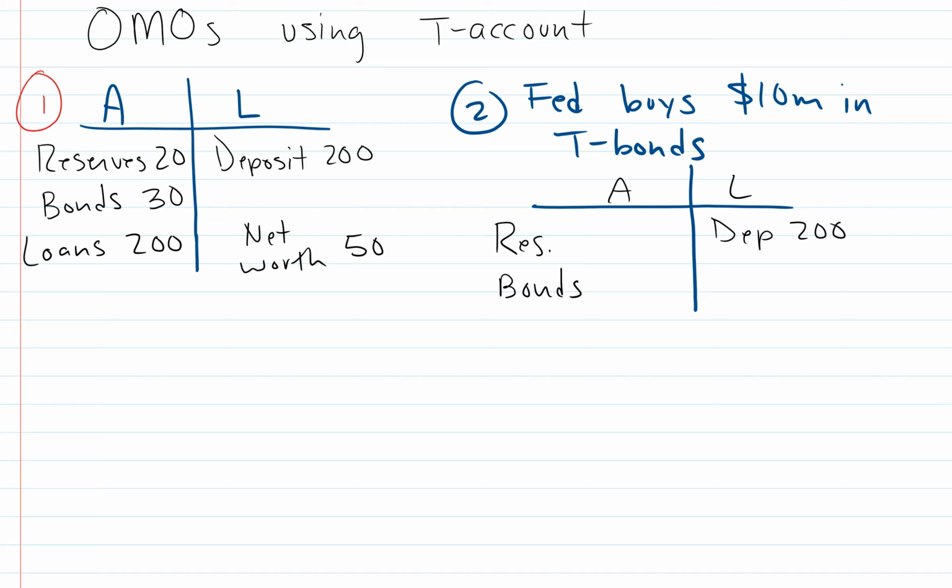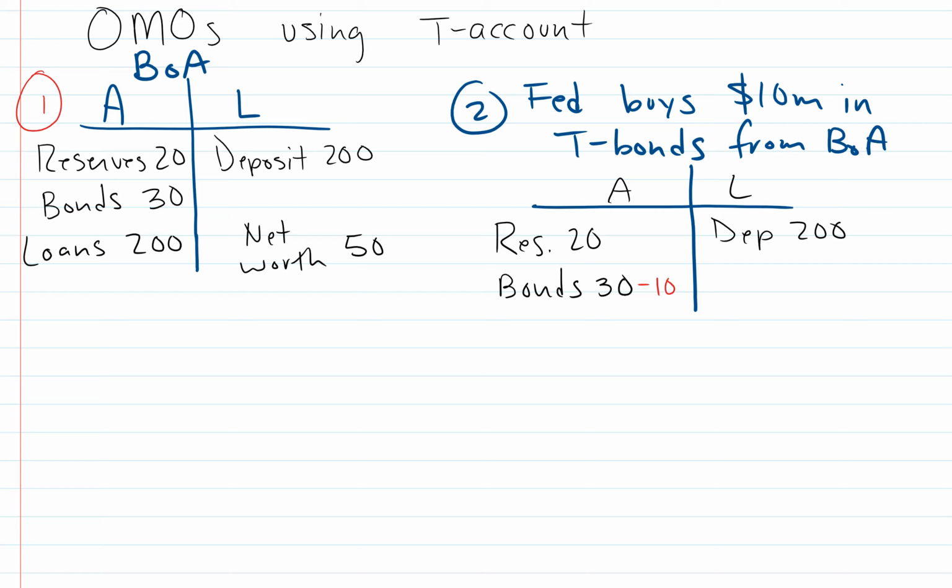Okay, so how do they change? Well, before reserves were 20 and bonds were 30, and now they're changing. They're changing because they sold their bonds, right? This is the bank. So this balance sheet we're talking about is like B of A. We can call this B of A, Bank of America.